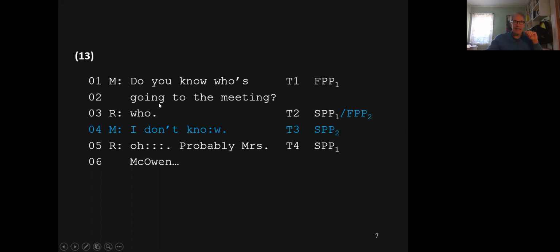At this time, in lines 1 and 2, the action turns out to be an actual directive, tell me who's going to the meeting. But it didn't turn out to be that until line 5. They had to work that out.